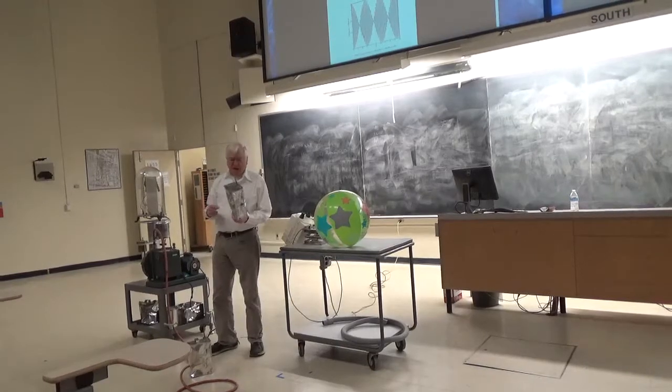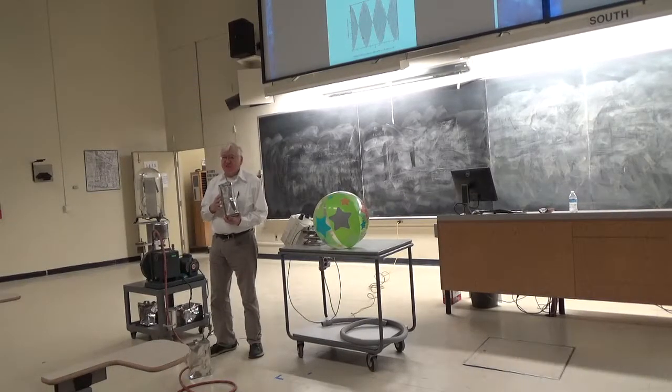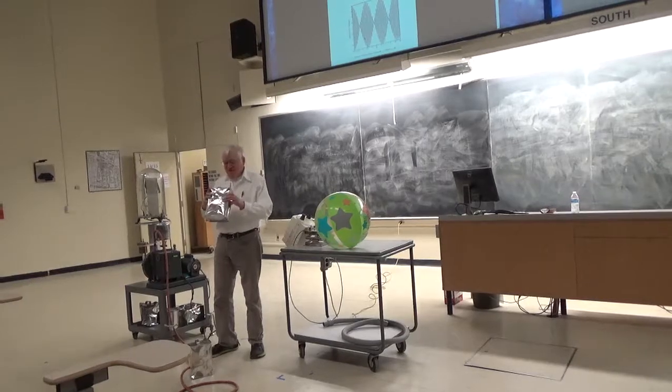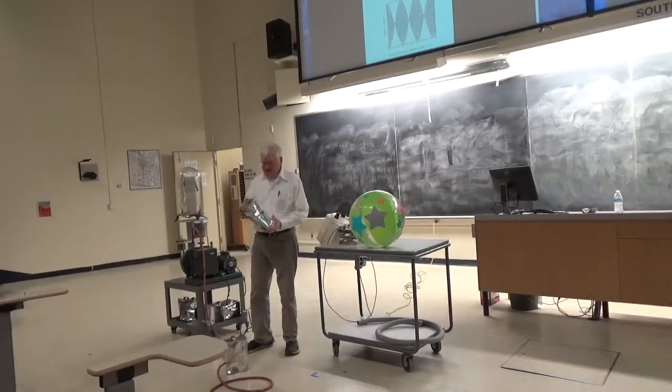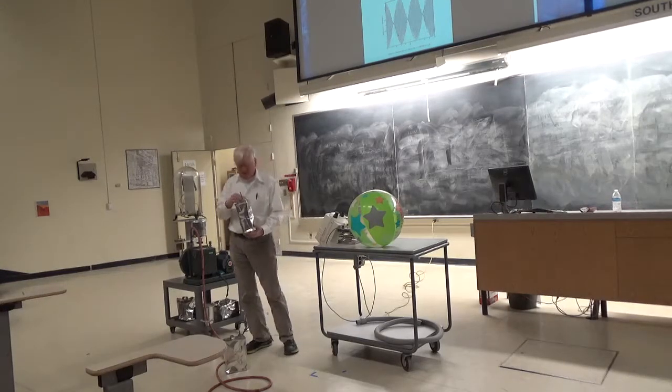Right now, atmospheric pressure outside is 15 pounds per square inch, and inside it's also 15 pounds per square inch, so the surface of the can is in equilibrium. It has as much pressure from one side as from the other.